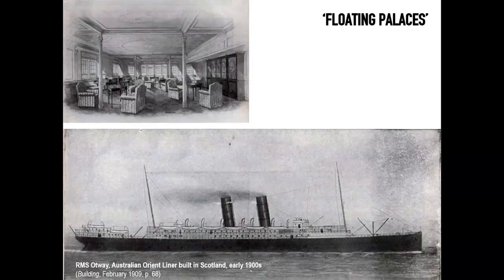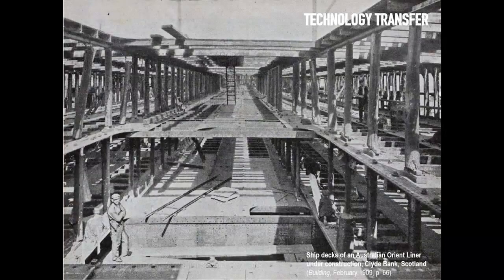And so very often some of the first examples of the appreciation of the importance of steel came in particular through the construction of ships. Ships that were very often built in the UK, in Scotland in particular, but certainly ships that also brought over this idea of the potential of steel to Australia.